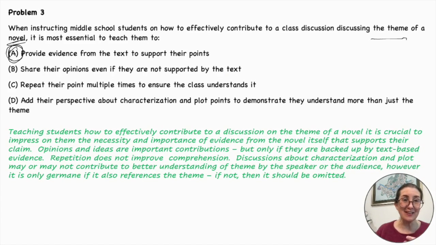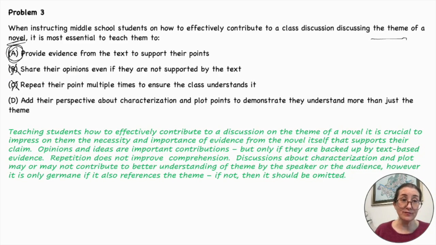Share their opinions even if they are not supported by text. It's not a helpful strategy, and it's not good when it comes to test taking either. Repeat their point multiple times to ensure the class understands it. As I said, repetition does not improve comprehension, so that will not be the correct answer.